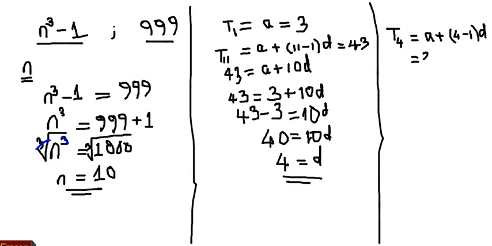So the first term a is 3 plus 4 minus 1, which is 3, times the common difference 4. So this will give us 3 plus 12, which is equal to 15. So that will be the fourth term.